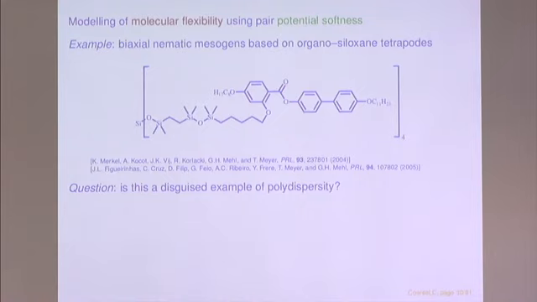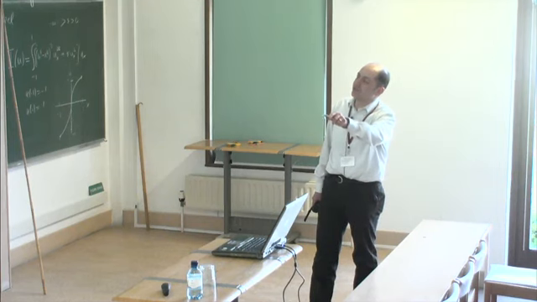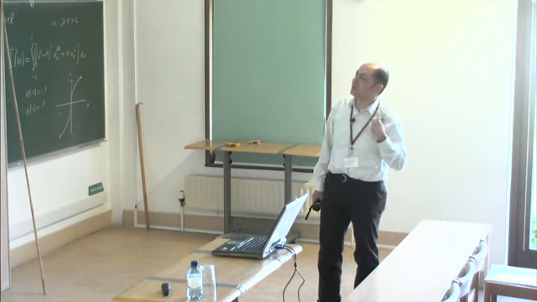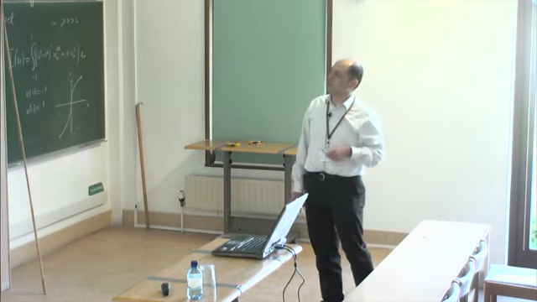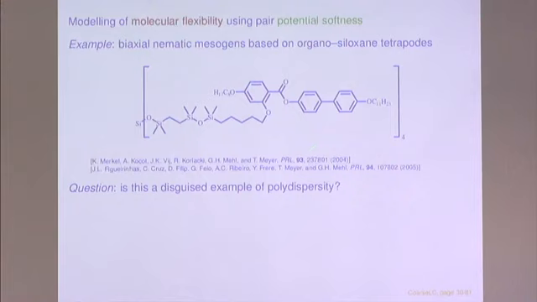You have four of these very large and flexible pieces attached to a central silicon atom. And this molecule has been shown in 2004 by Georg Mehl to form a biaxial nematic system. And so the question is, why is this molecule forming a biaxial nematic system?